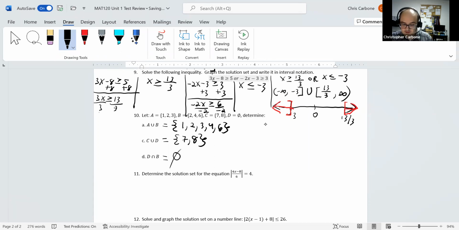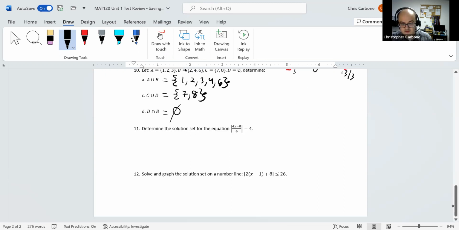Determining the solution set for this equation here, the absolute value of 4x minus 8 over 6 is equal to 4. So we've got two cases for this. The first one's the positive version. 4x minus 8 divided by 6 is equal to 4. We can multiply both sides by 6.